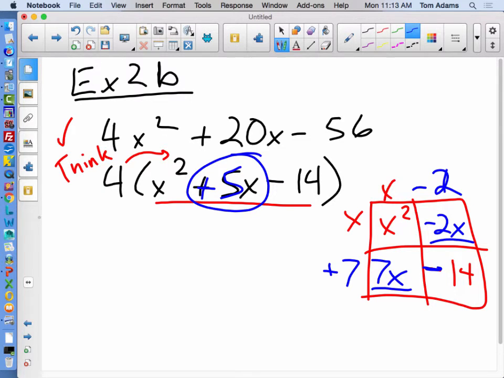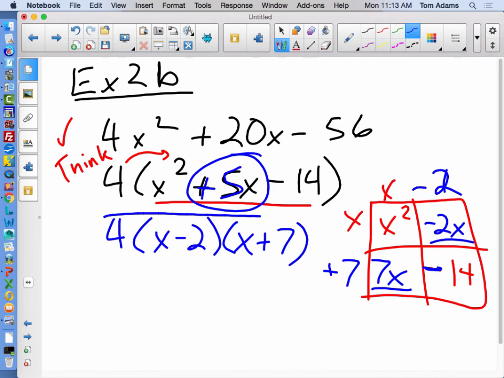Yep. And negative 2 times 7 is negative 14. So this final factorization, and we call this prime factorization, is 4 times the quantity x minus 2 times the quantity x plus 7. Does that make sense? Yep.